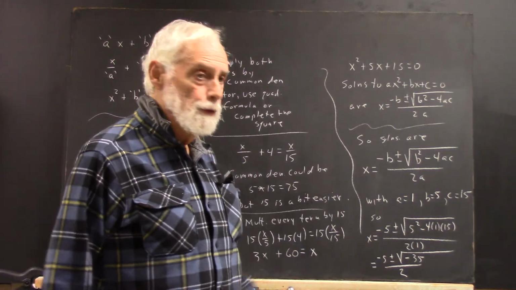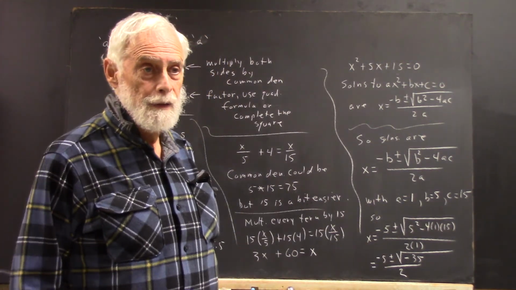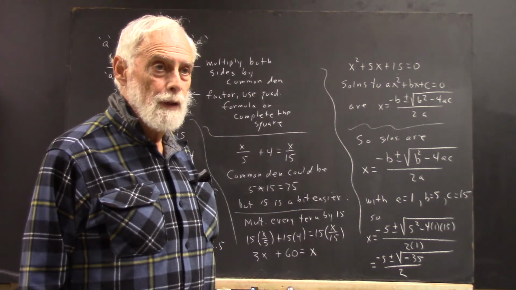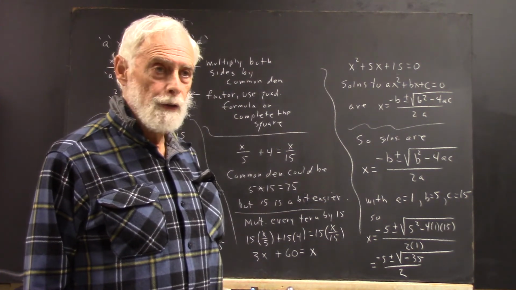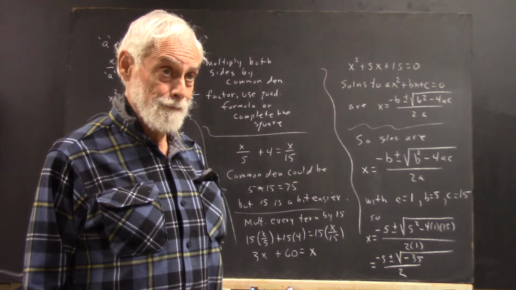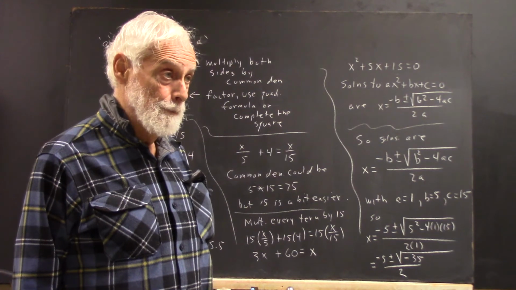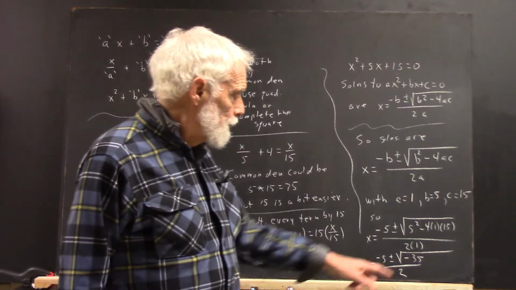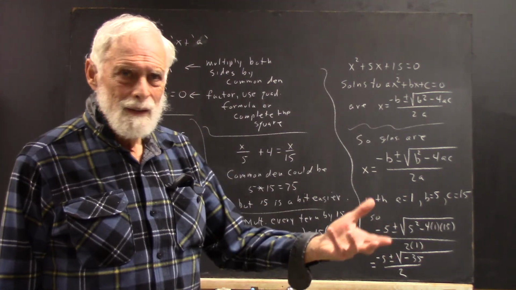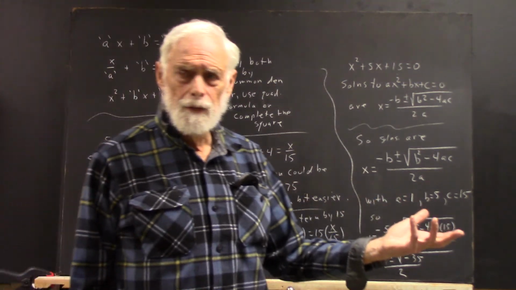Okay, so what's the square root of -35? Well, this is one of the few places where you can use that forbidden instrument, your calculator, to evaluate the square root. Okay? And of course, it's -35. What can you tell me about the square root of a negative number?